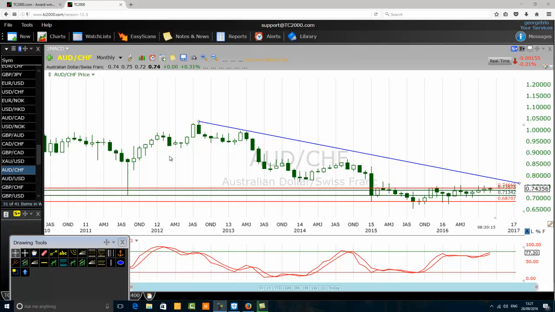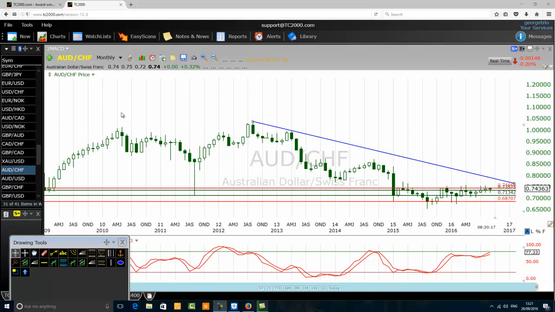One more thing I need to say quickly to forex traders: if you are trading the Australian dollar Swiss franc currency pair, do me a favor, do not buy it if the euro dollar does not give a buy signal.